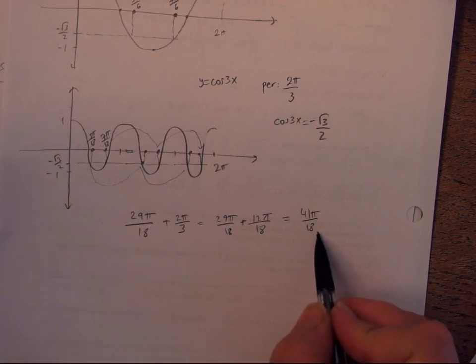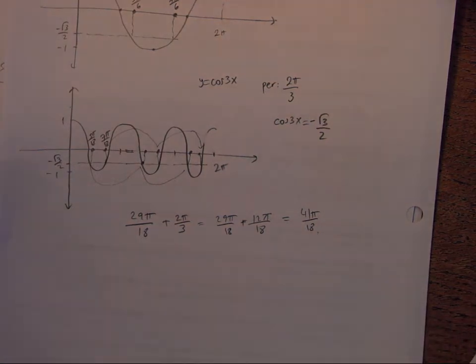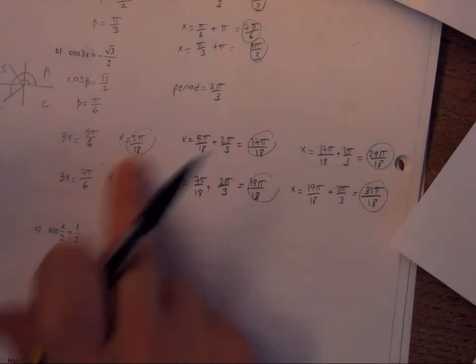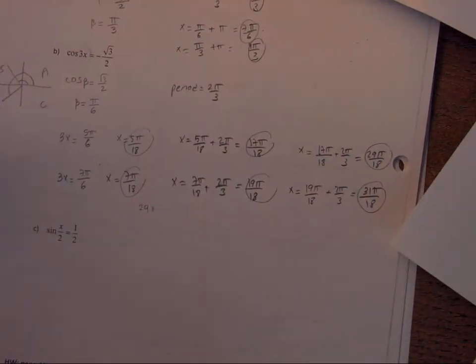But as you see, this is over 2 pi, right? 2 pi would be 36 pi over 18. This is 41 pi over 18. So you get a solution that is over 2 pi. So that's not acceptable. So those are the 6 solutions that we're going to have.